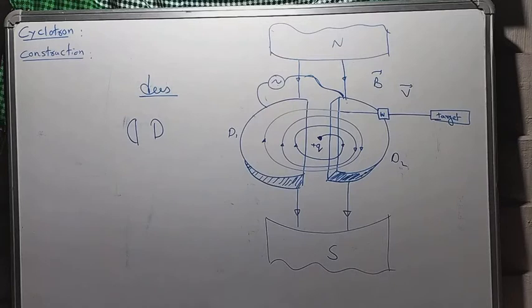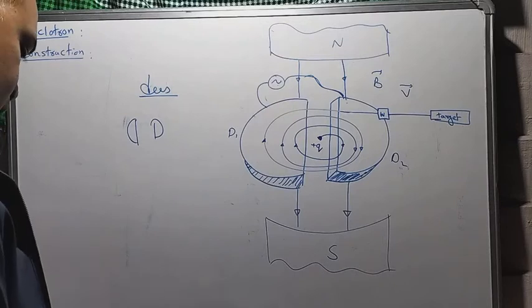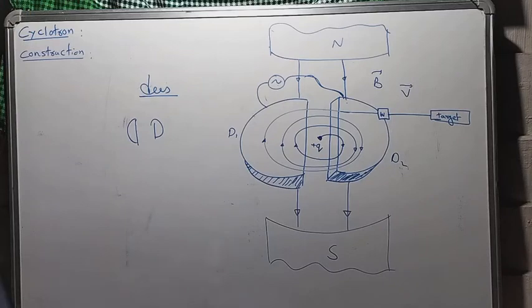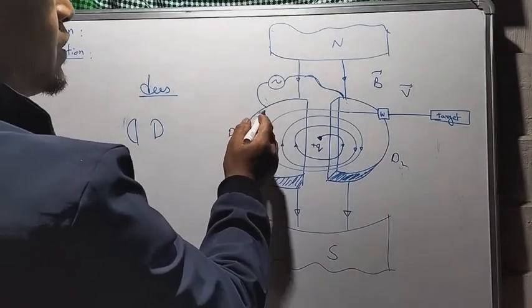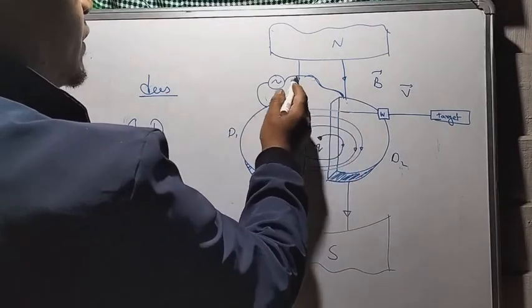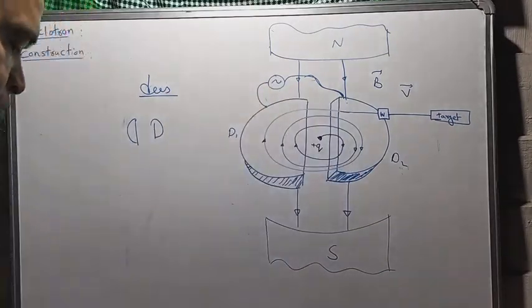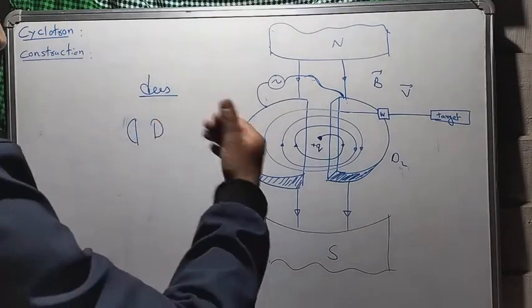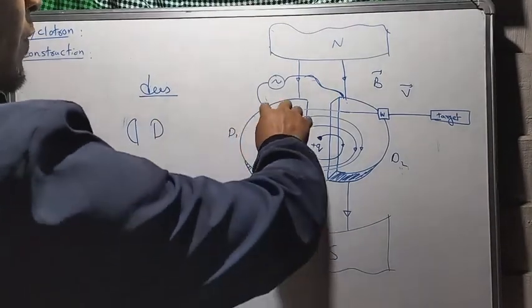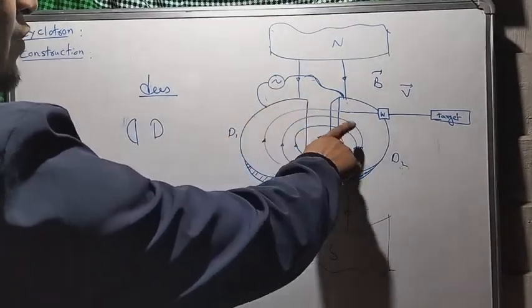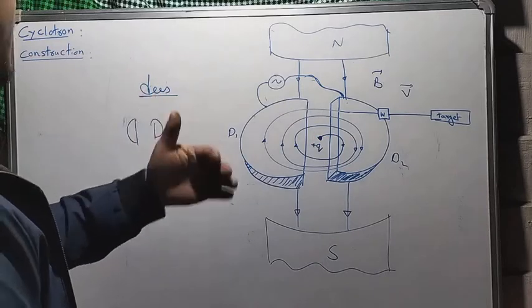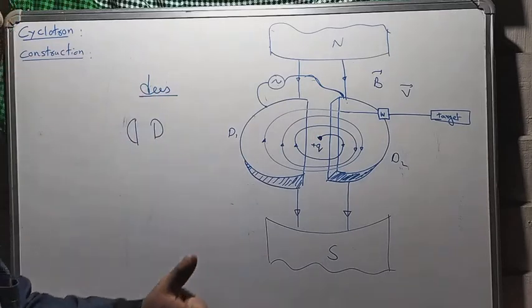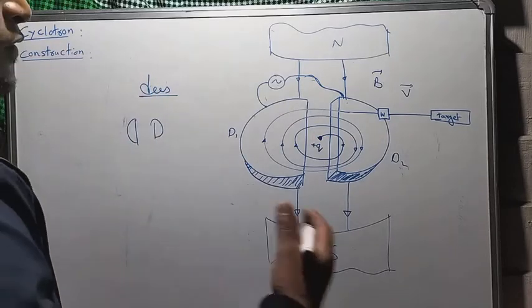And next, the Ds are connected to a source of alternating voltage. These two Ds, D1 and D2, are connected to this alternating source, which will produce an electric field inside the Ds. We will discuss that better after some time.